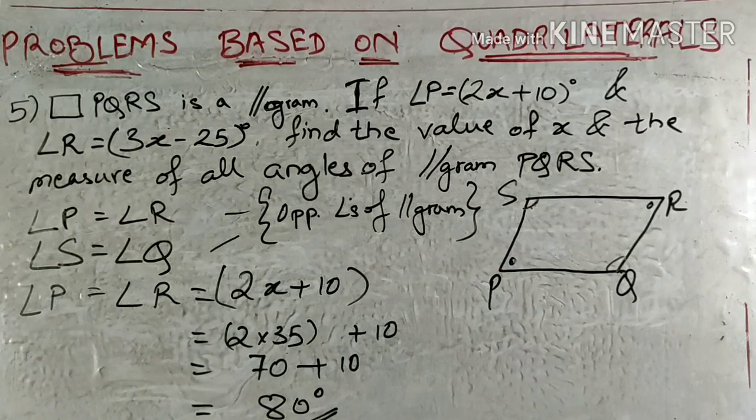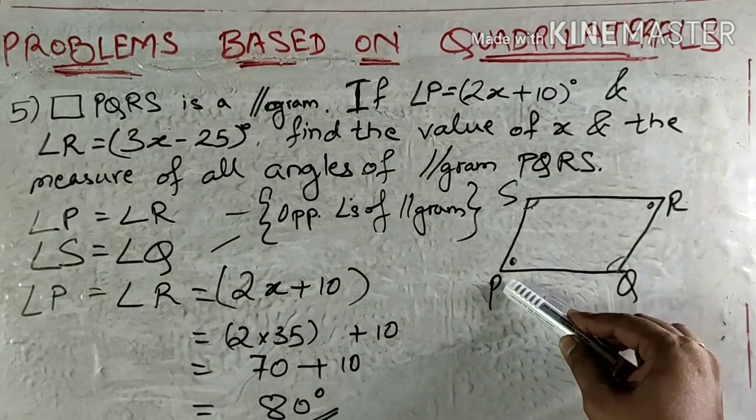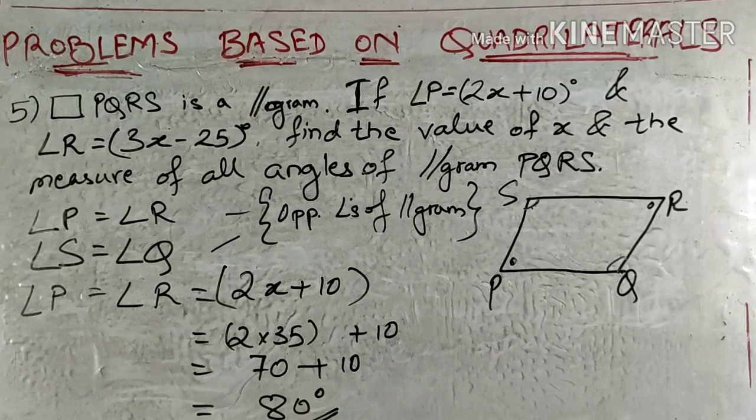Similarly, we'll have to find for angle S and Q. But we can also use the property of the parallelogram, that if I know P, I'll be able to easily find what is Q or what is S. Which property? Yes, correct. Sum of adjacent angles of the parallelogram are supplementary.